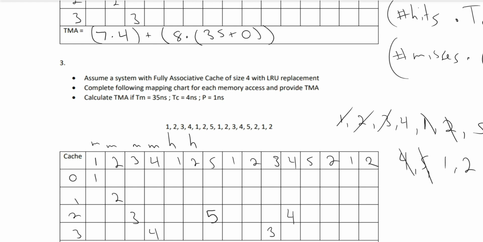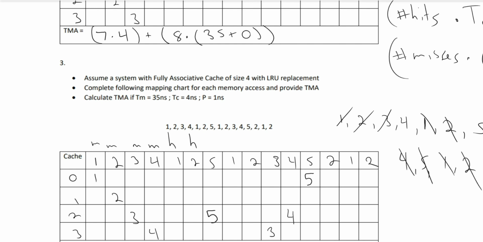I think that's right. Yeah, and then we put a 4 again, because we just put this here. And then 5 is not in the cache. So 5 goes where 1 was. So 5 here.